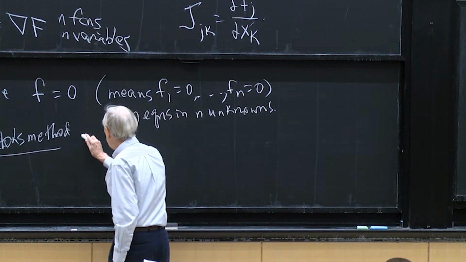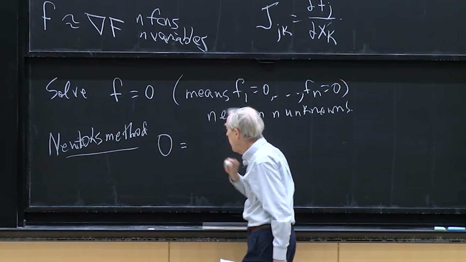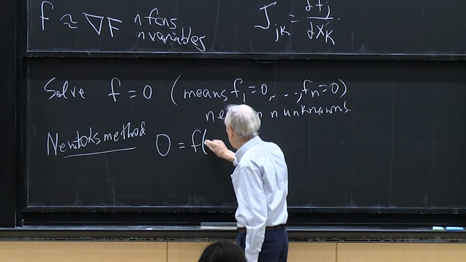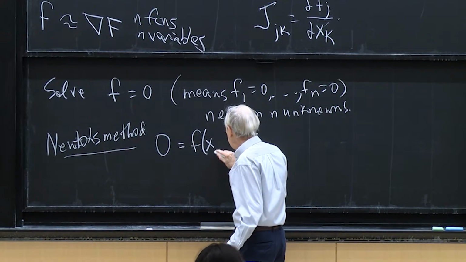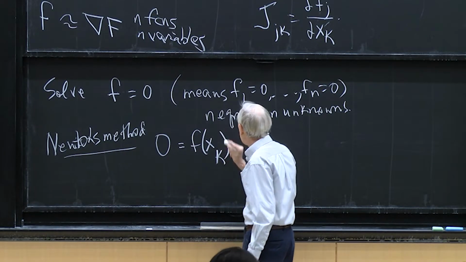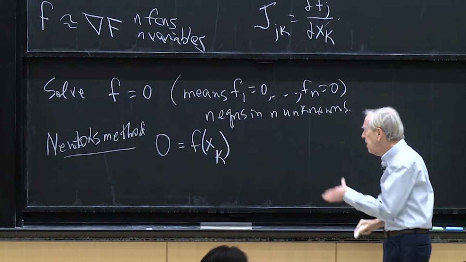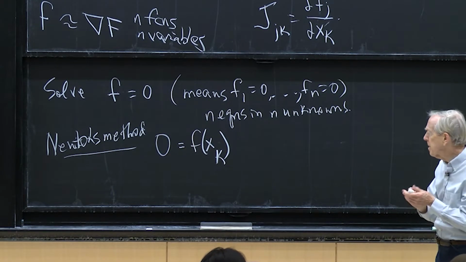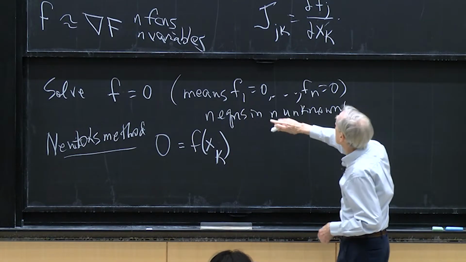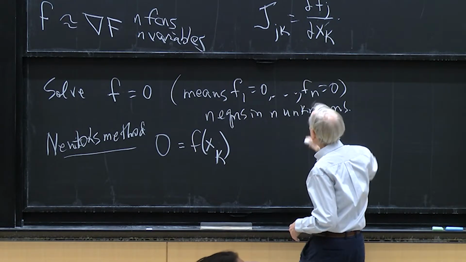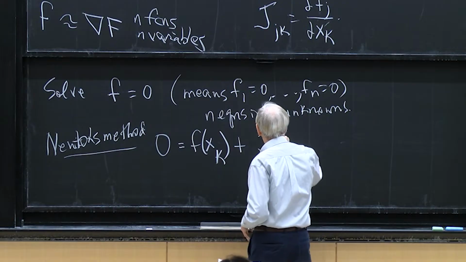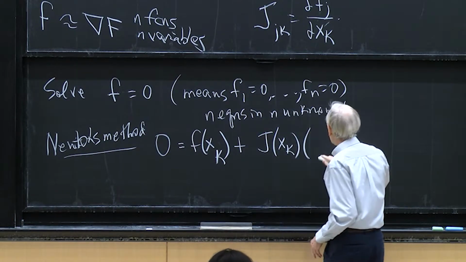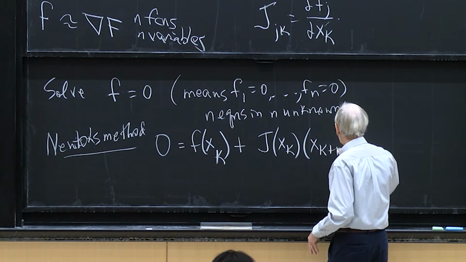I'm just copying that equation: f at where I am, x. Let me use k for the iteration. So I'm at a point xk. I want to get to a point xk plus 1. And so I have 0 is f of x plus J at that point times delta x, which is xk plus 1 minus xk.